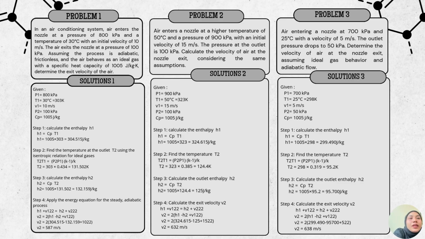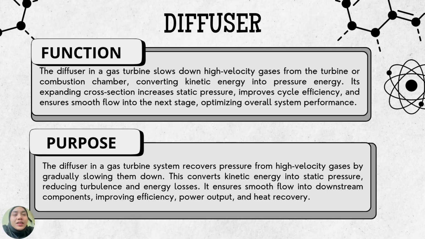Step 2, find the temperature at the outlet using the isentropic relation for ideal gas. According to step 3, we need to calculate the enthalpy. And the final step, we can see the exit velocity, and how the variables shift across the 3 problems. Device, diffuser.